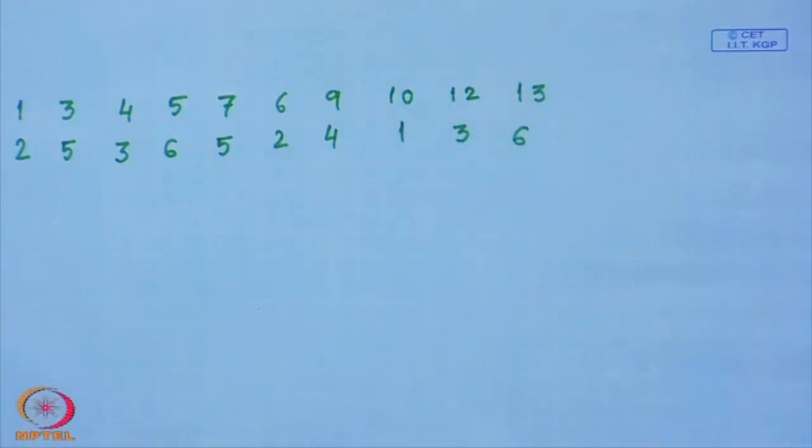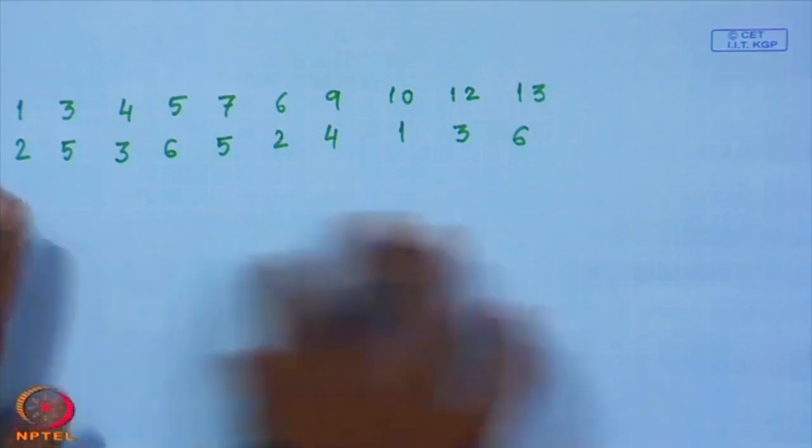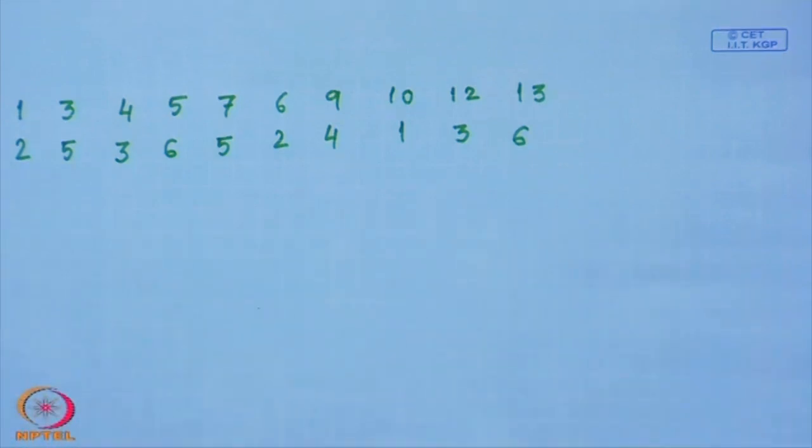These are the feature vectors from class omega 2. And considering all these feature vectors, I have to find out the covariance matrix.